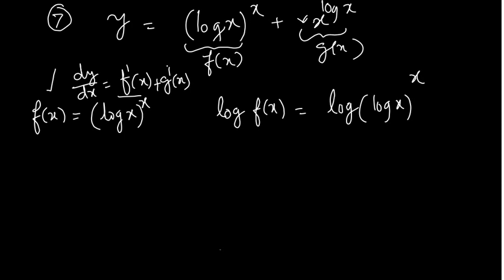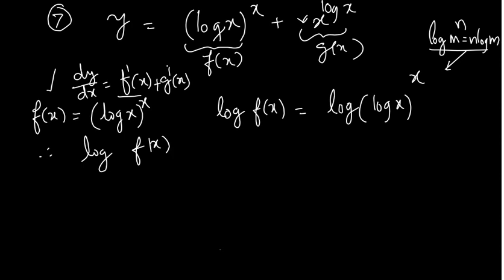For this we are using the log m to the power of n formula. You will get n log m. This is the formula we are using here, and therefore log f of x equal to x log x. Any questions? Have you understood this?